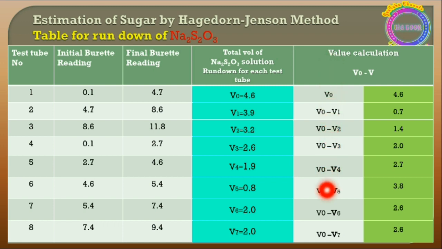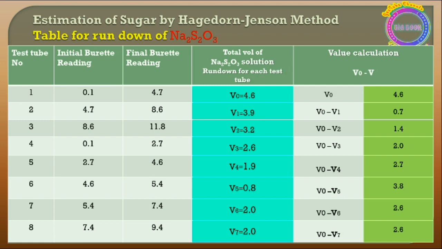So that will be calculated by subtracting V1 from V0. V0 is the blank, which is going to nullify this particular volume out of all the others.